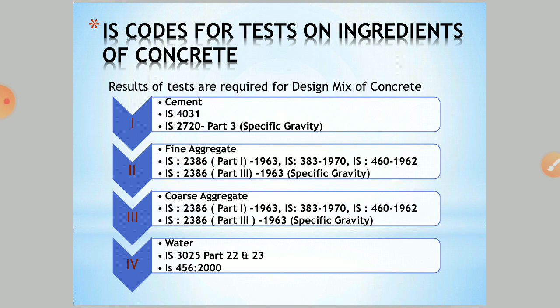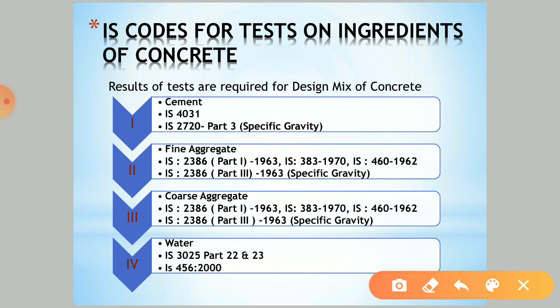Now suppose you don't know what the properties are, then you have to first test the ingredients, that is cement, sand, aggregate, and these results are required for design mix of concrete. Now in this slide there are ingredients and different IS codes, so we will see one by one. For cement, we have to first check that the cement is compatible or not.